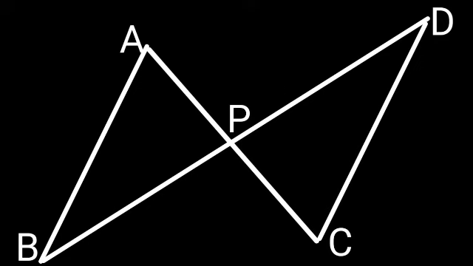Two sides of the first triangle and two sides of the second triangle are in proportion, and the angle between them, P, is congruent. Hence, by the SAS test, these two triangles are similar to each other.